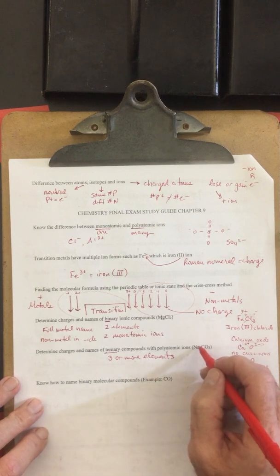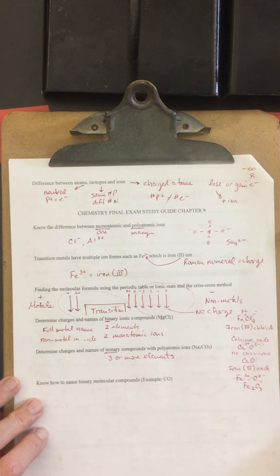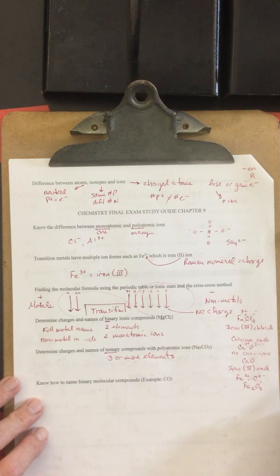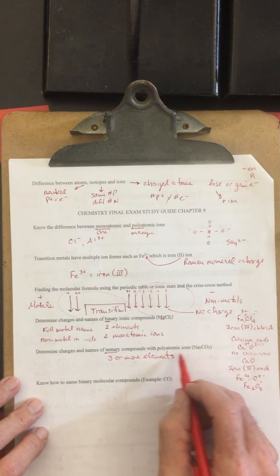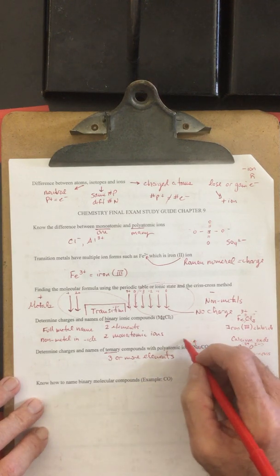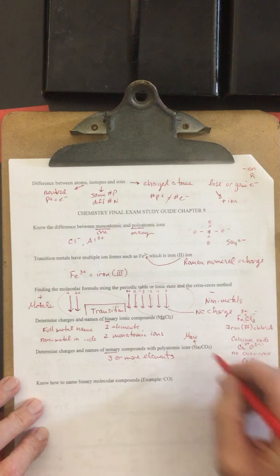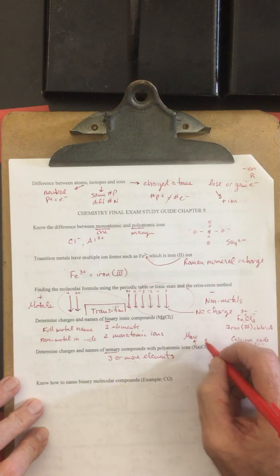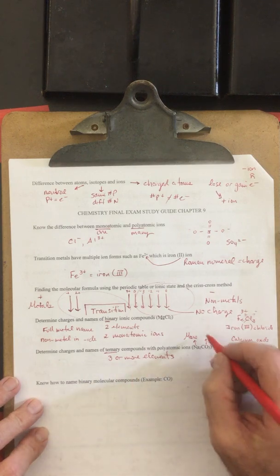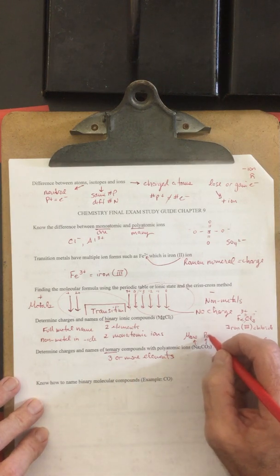Okay, we also see that Na is a metal, so we know that's going to be a ternary ionic compound as well. We have a metal and a nonmetal. In this case, we have a metal and we have a polyatomic ion. The sodium is the monoatomic ion, and the CO3, because we have more than 2, is the polyatomic.